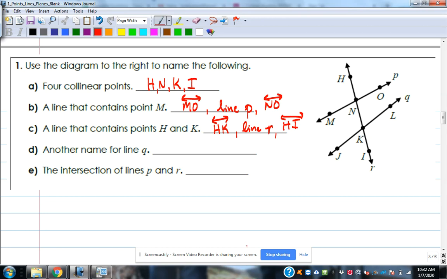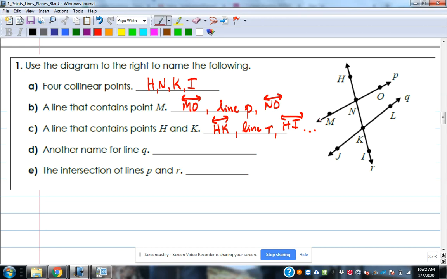And you could do NK, you could do KI, a lot of different ways to name that line. You see the idea that there's some redundancy when we have more points on a line. There are other ways to name that line, but we know which line we're talking about.